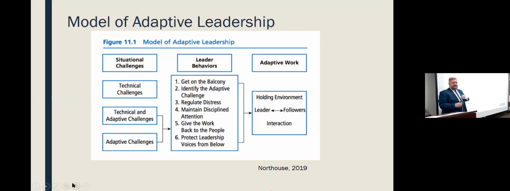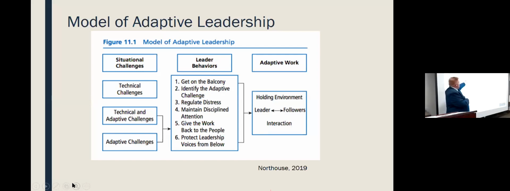There's the leader behaviors. We're going to spend some time talking about the behaviors that you can do in order to be effective with this. And then there's the adaptive work, so the actual work that's being done to address the challenge. I just wanted to provide this as a way to show you that there is a broad picture, and you can look at this as a very broad model to see all of the steps involved.